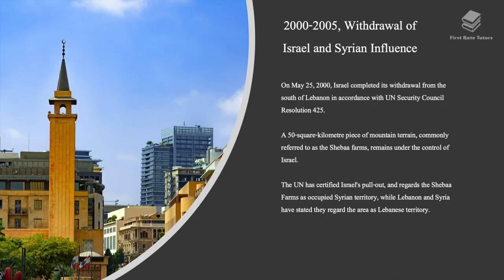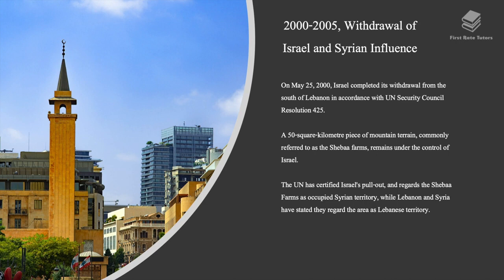So between the year 2000 and 2005, there was the withdrawal of Israeli and Syrian influence. On May 25th, Israel completed its withdrawal from the south of Lebanon in accordance with UN Security Council Resolution 425.